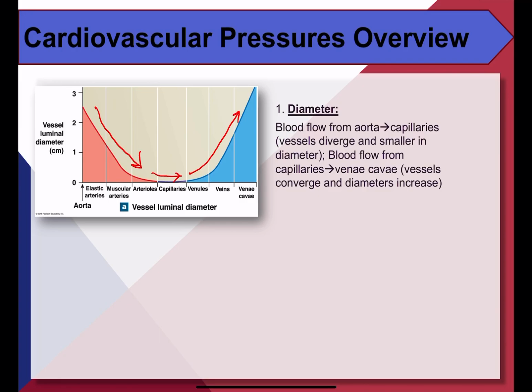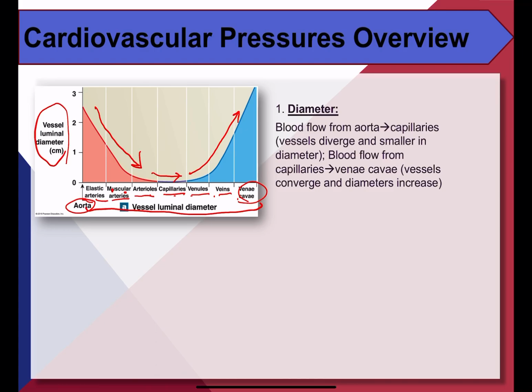So if you read the x-axis here, we're talking about the different types of blood vessels we have in the entire body. It always travels in that one direction, as I was saying: aorta to elastic and muscular arteries to arterioles to capillaries, venules, veins, and your inferior and superior vena cava. This graph is showing vessel luminal diameter on the y-axis.